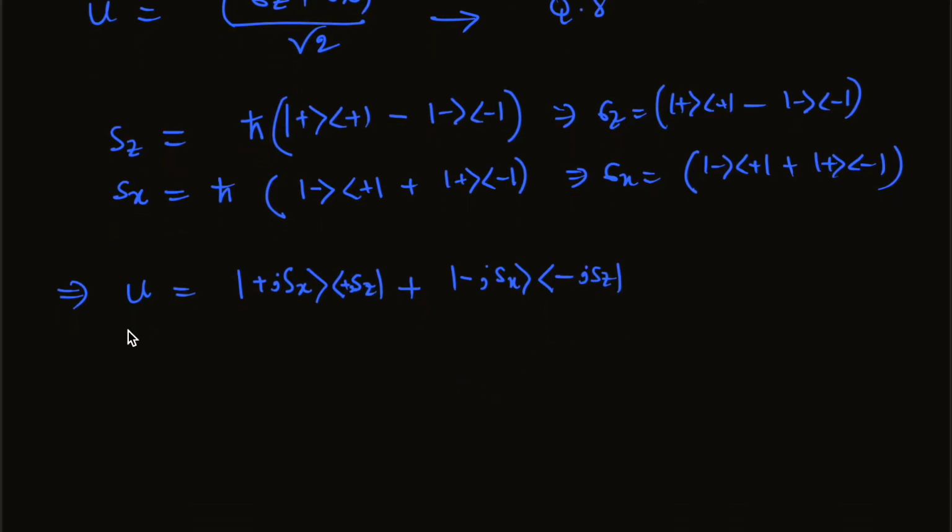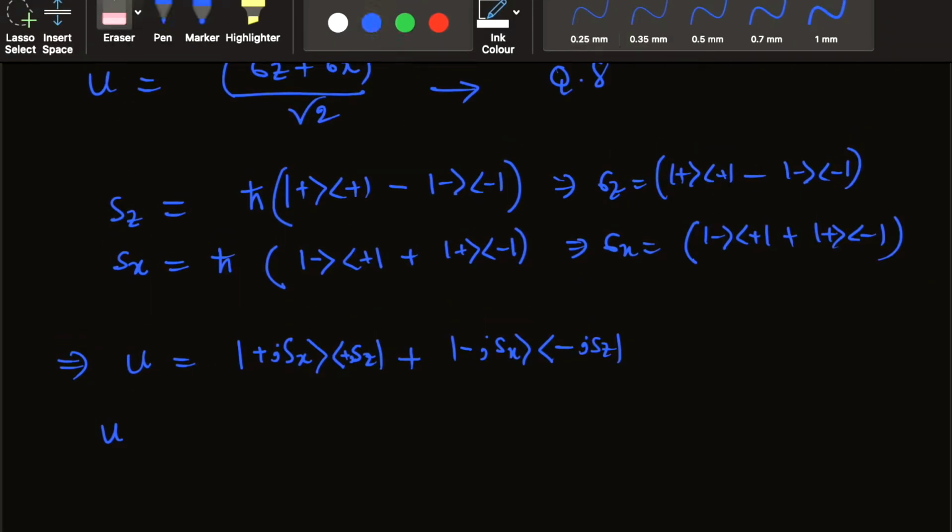If we operate on plus SZ, the second term will be 0 because of orthogonality, and the first term will survive, so plus SX. And if U operates on minus SZ, this term will survive, giving 1 by orthogonality, and the other term will be 0, giving minus SX.